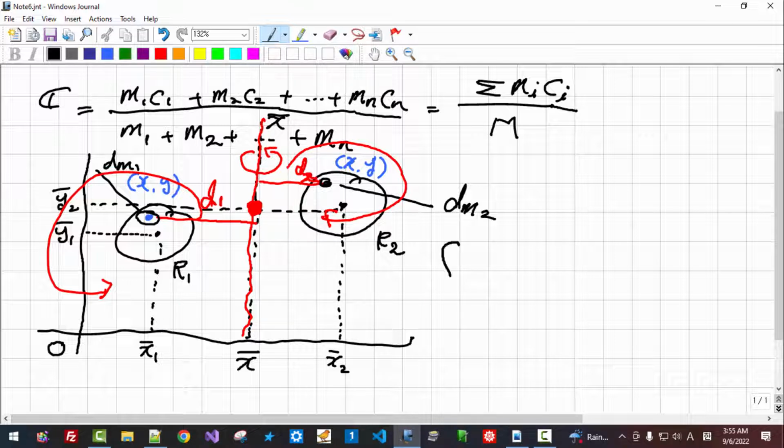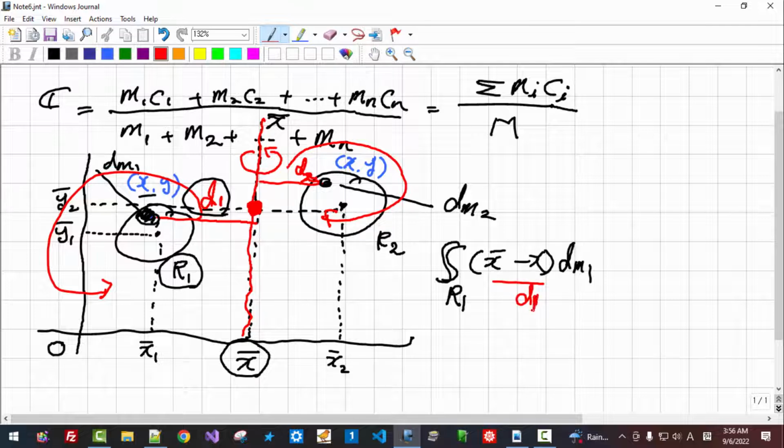So, the integral over R1, this weight dm1, this distance should be greater than 0. So x bar, this x bar, x, this x, d1 should be equal to the integral over R2 of dm2, this mass dm2, this distance x minus x bar.